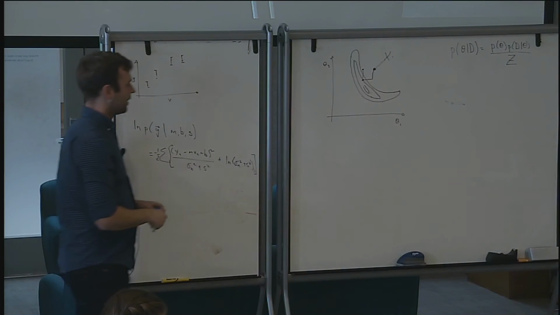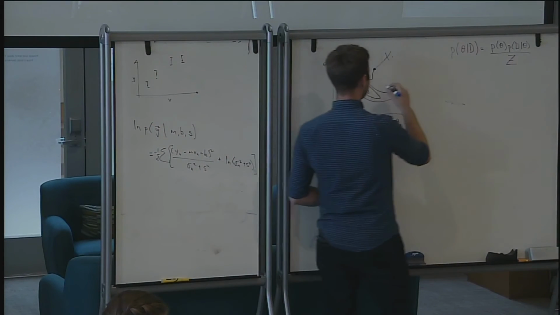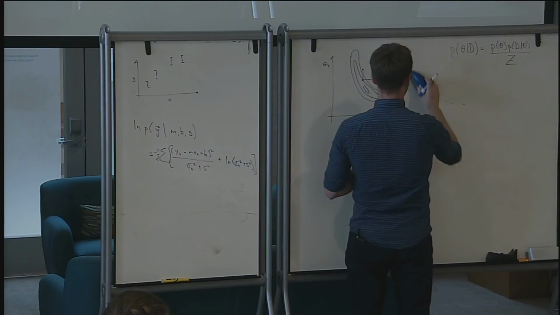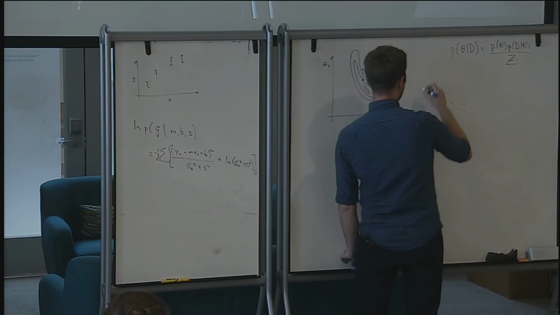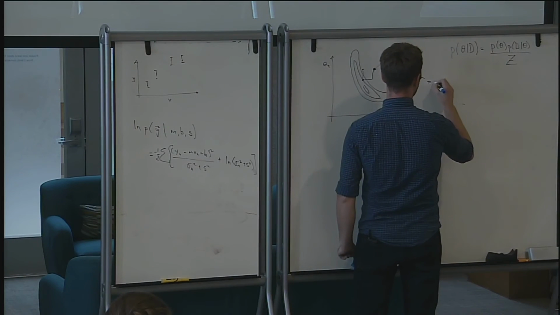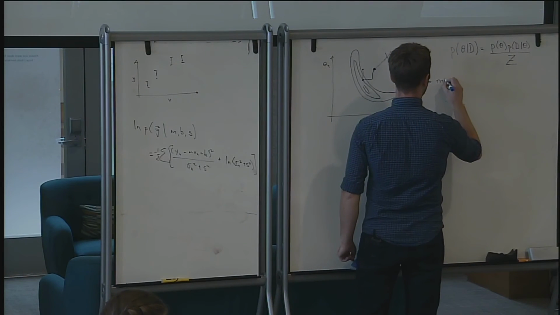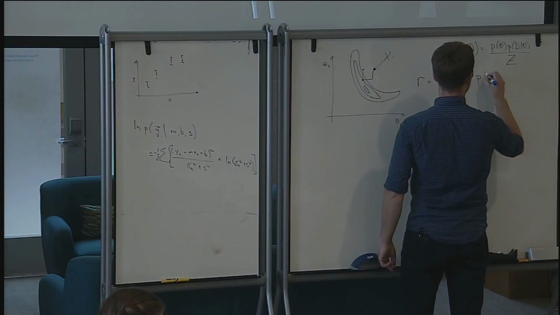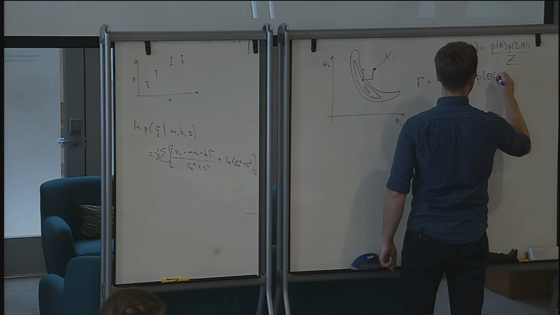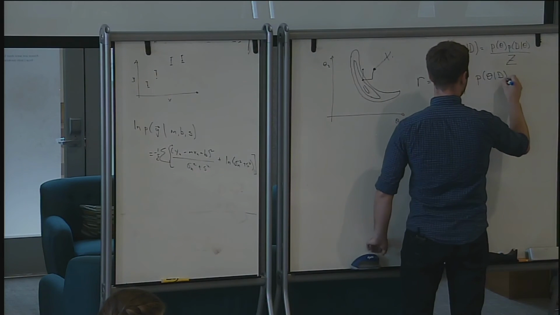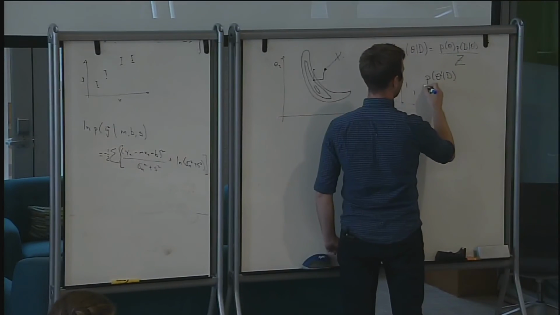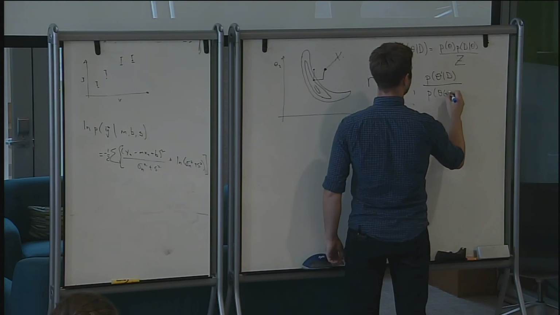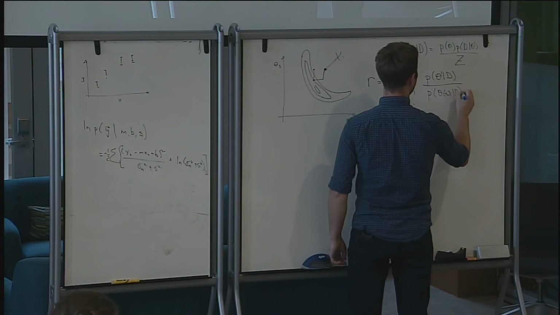The probability with which we accept that proposal is given by this, let's call it R, where theta prime is our proposed location and theta t is our current location.